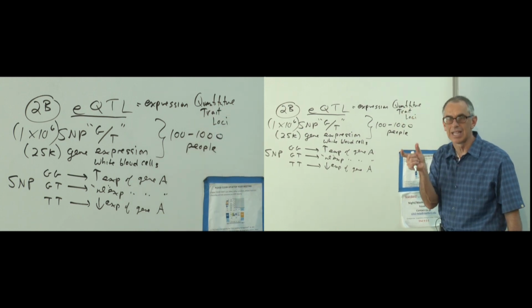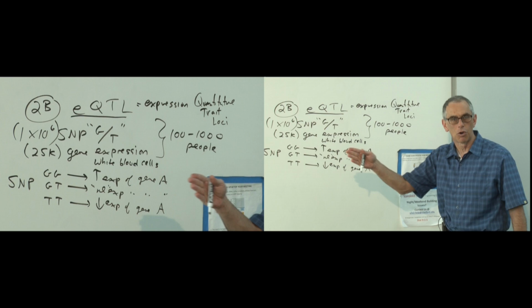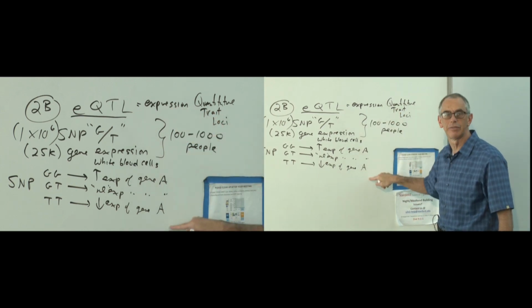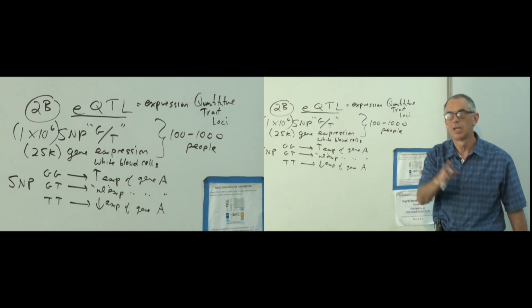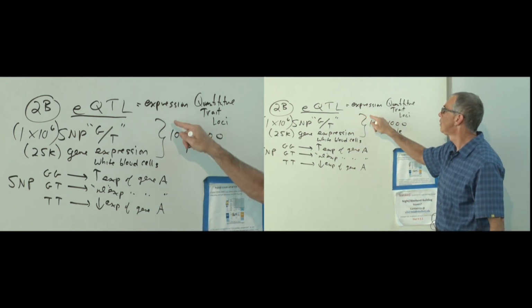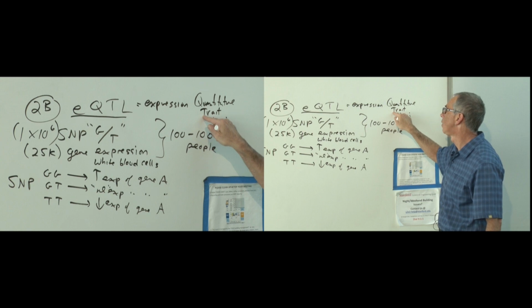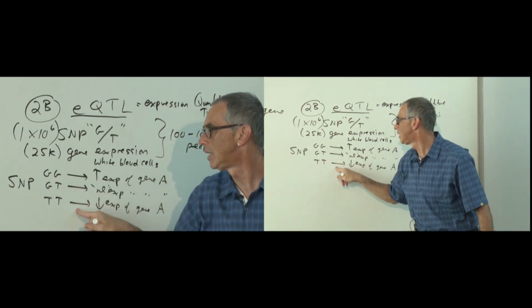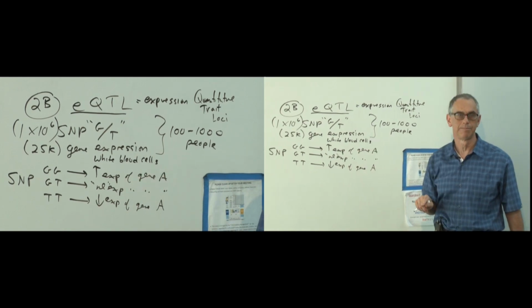That is to say, a trait that's not 0 or 1, but takes on a real valued number. And that real valued number is the expression level of the gene, because that can go from low to high. So an EQTL, or expression quantitative trait loci, is simply a SNP that predicts the expression of a gene.